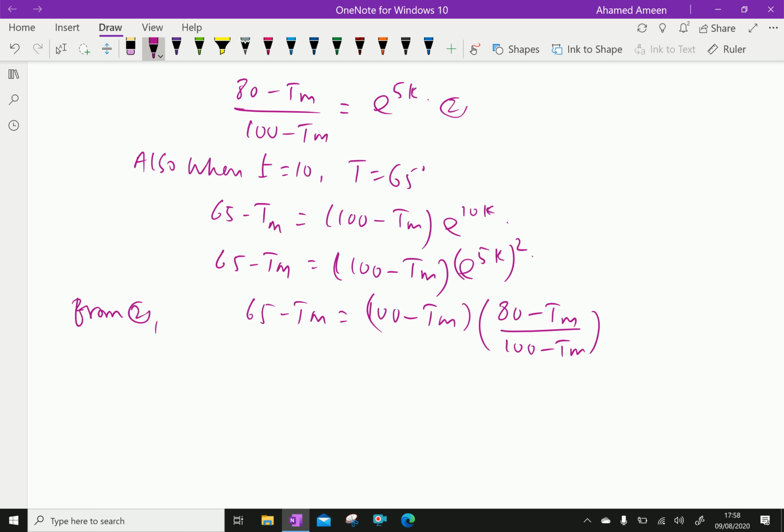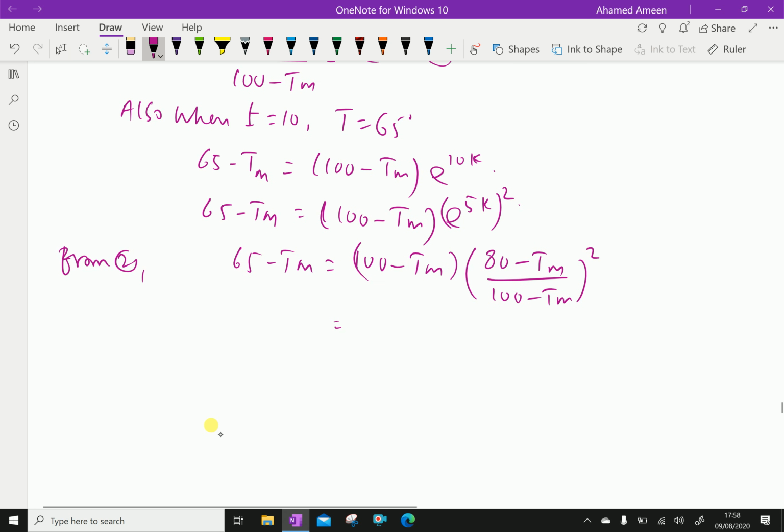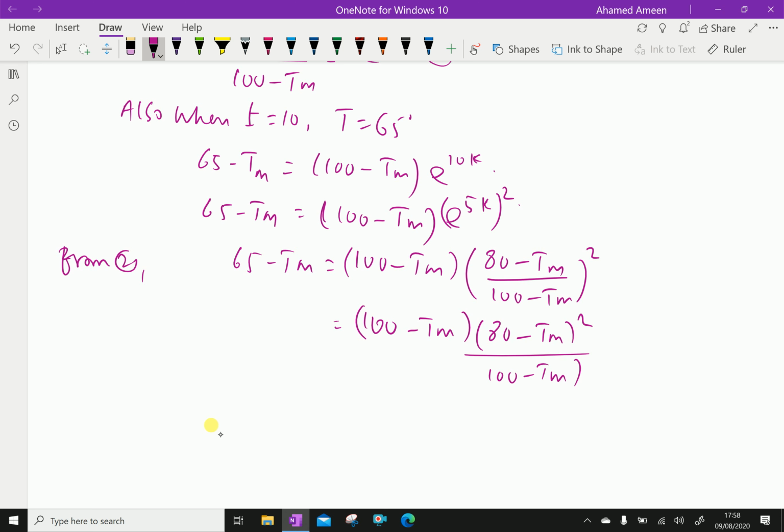So 65 minus Tm equal 100 minus Tm times 80 minus Tm the square over 100 minus Tm the square.